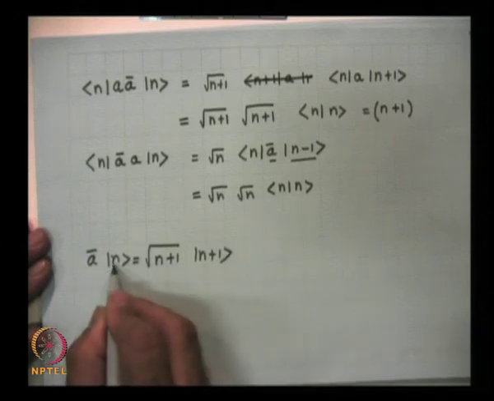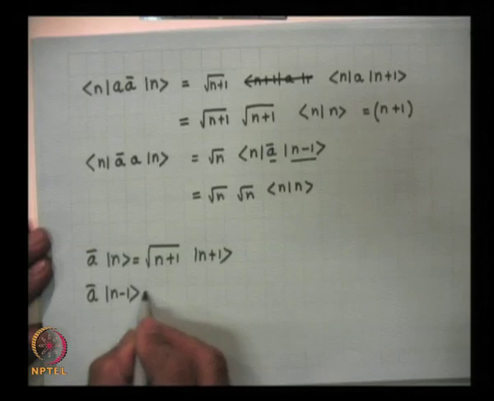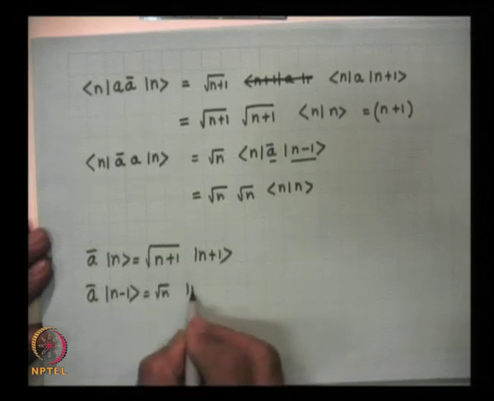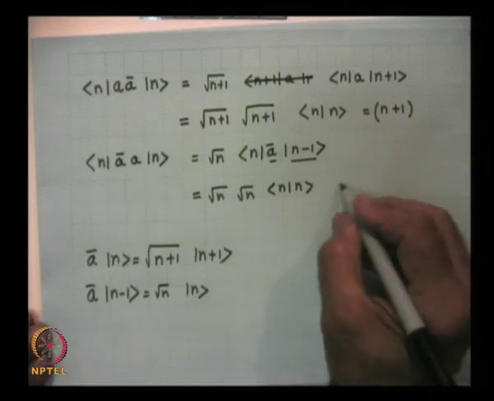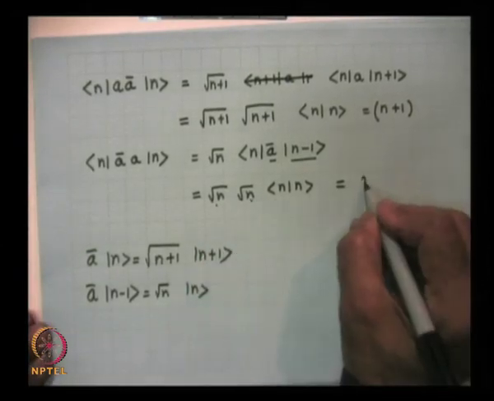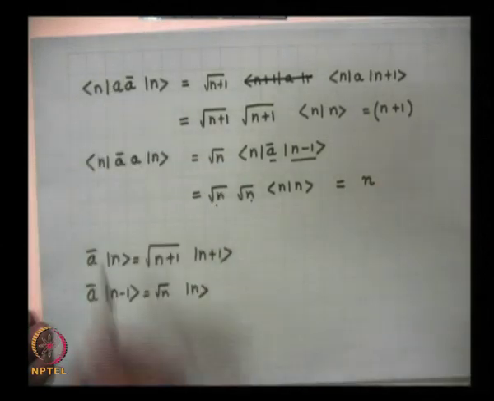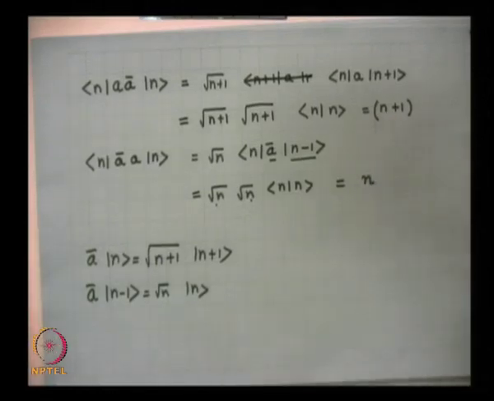So, if I replace n by n minus 1, it will be square root of n. This you must remember. So, this will be equal to square root of n times square root of n, which is just n. So, if I add these two, this becomes equal to 2n plus 1.